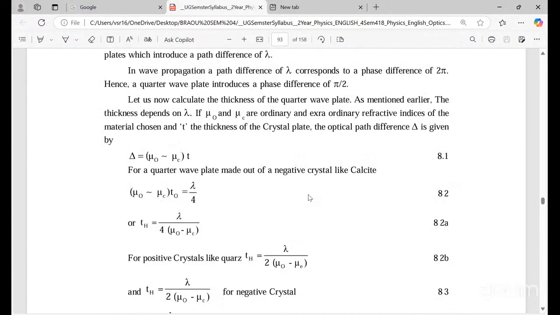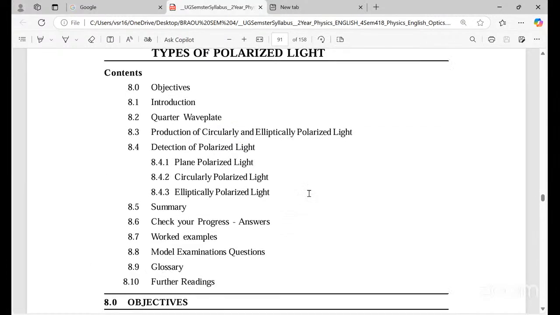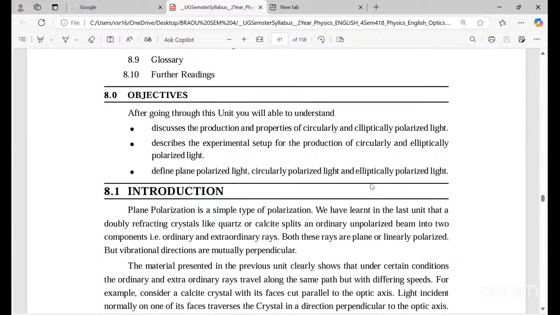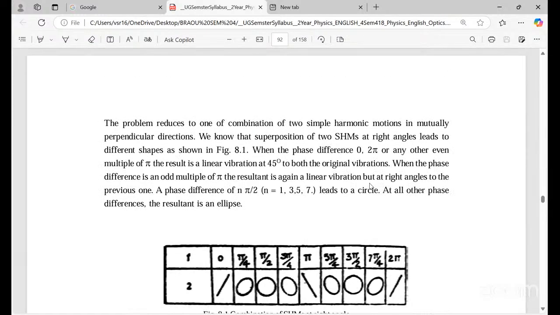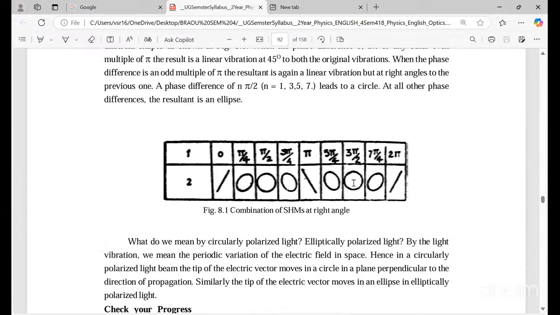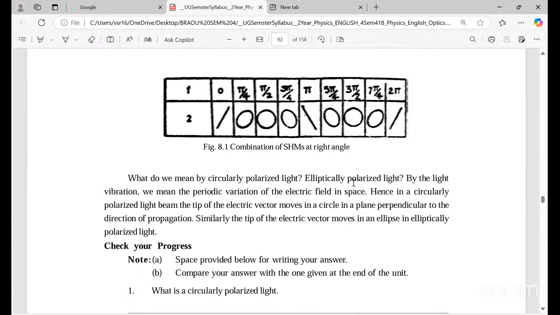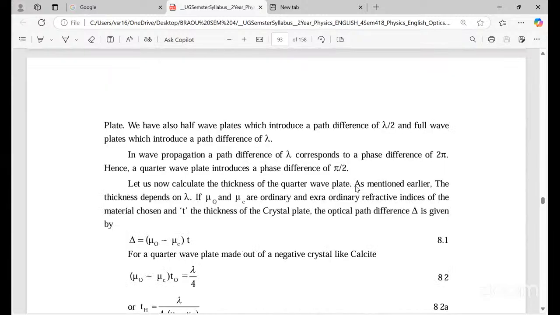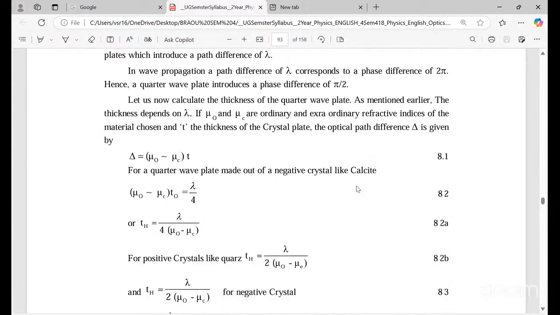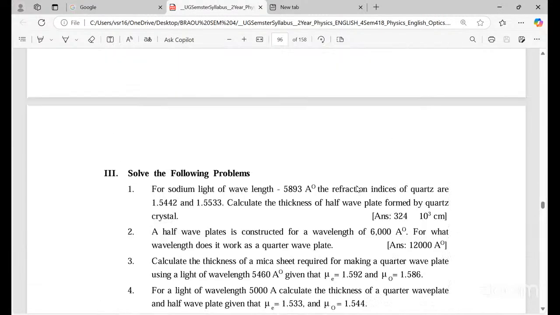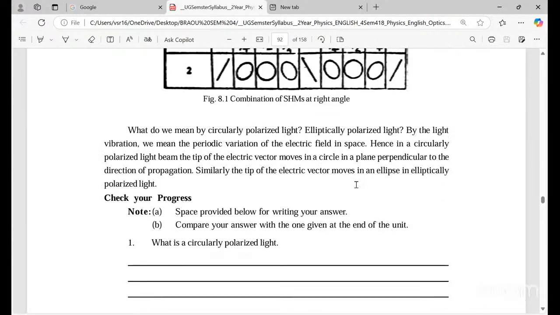In the coming class, we will discuss the quarter wave plate and half wave plate.